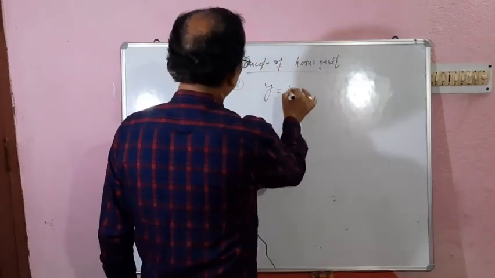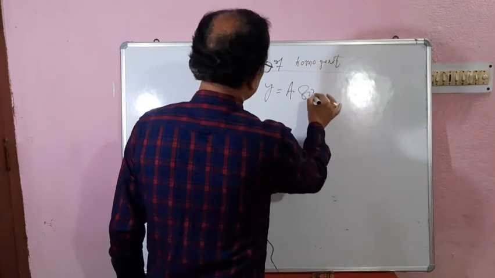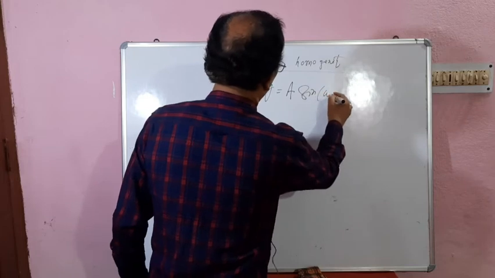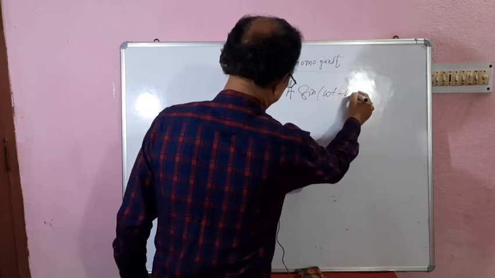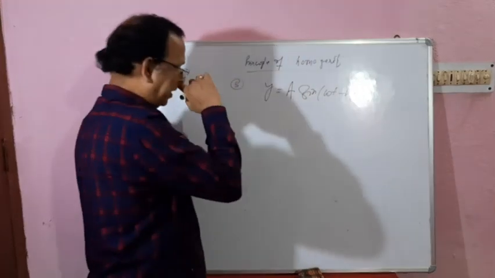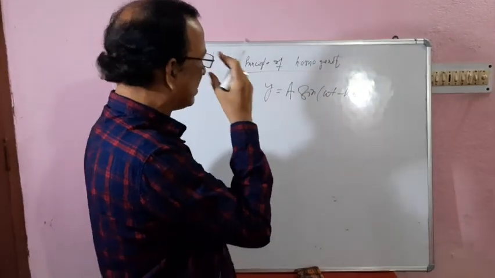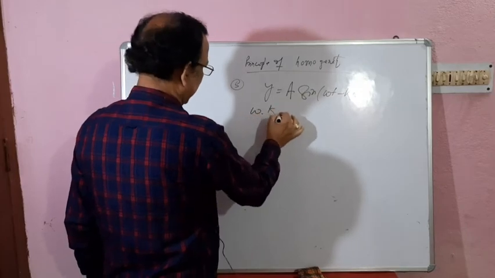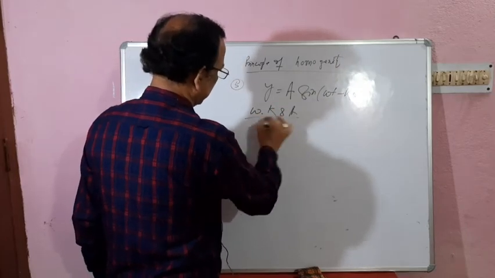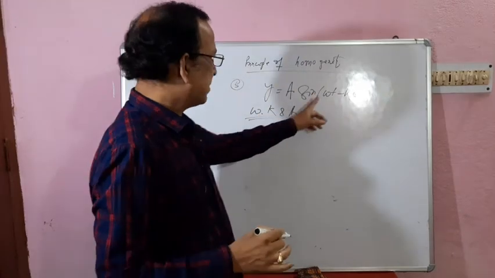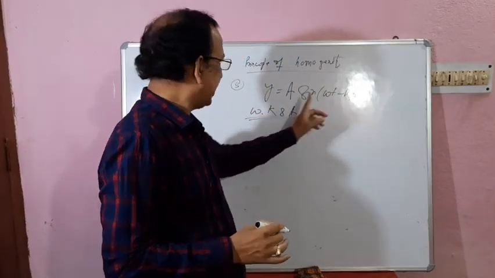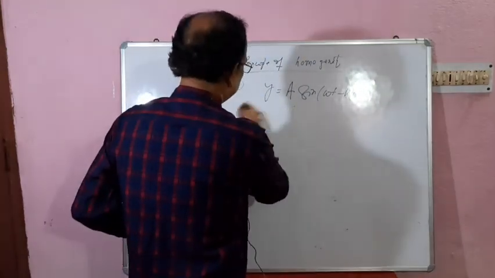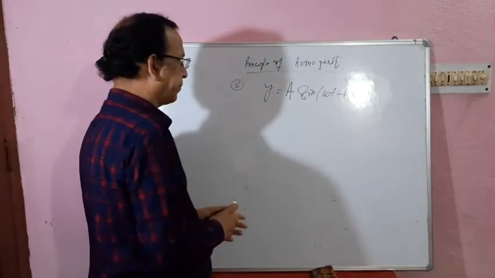y is equal to a sin omega t minus kx. We can find out the dimension of omega, k and a. Okay, three quantities: dimension of omega, dimension of k, dimension of a. We can find out by the help of the principle of homogeneity.